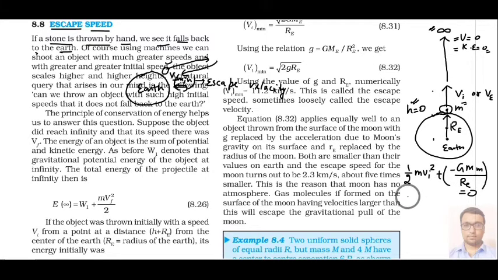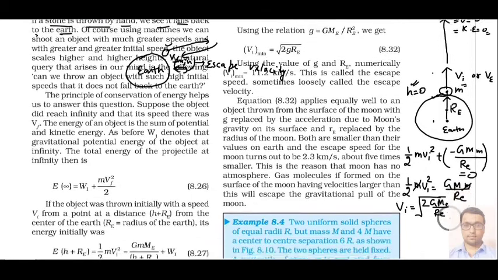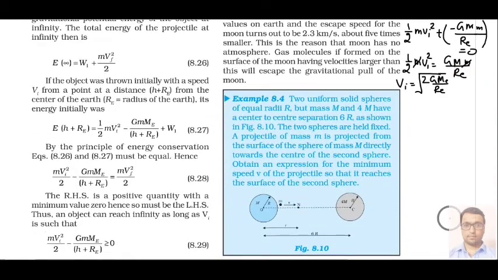So from here you can write that half m vi square equals G M m upon Re. Small m will cancel out, so v initial will become equal to 2GM upon Re, and all this term will be under square root sign. So from here we have got one formula for escape velocity.